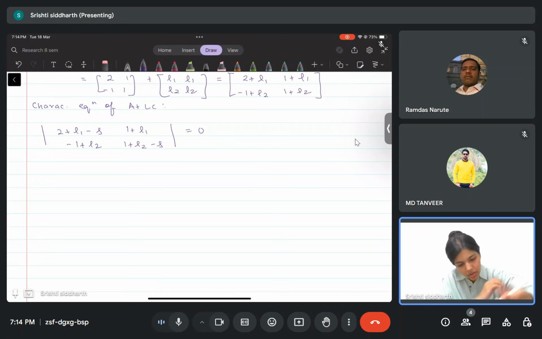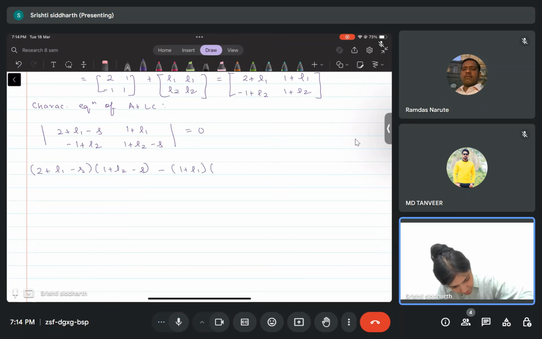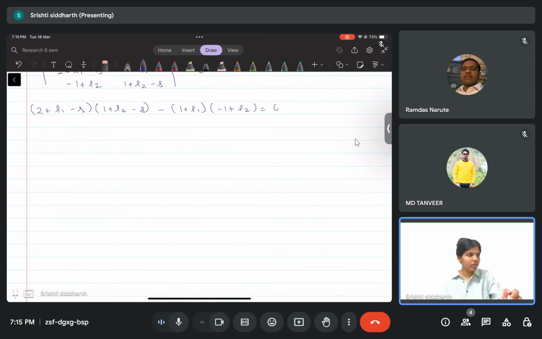Let's compute this. It's going to be a long expression, so I'm going to write this down directly. You can expand this and check.